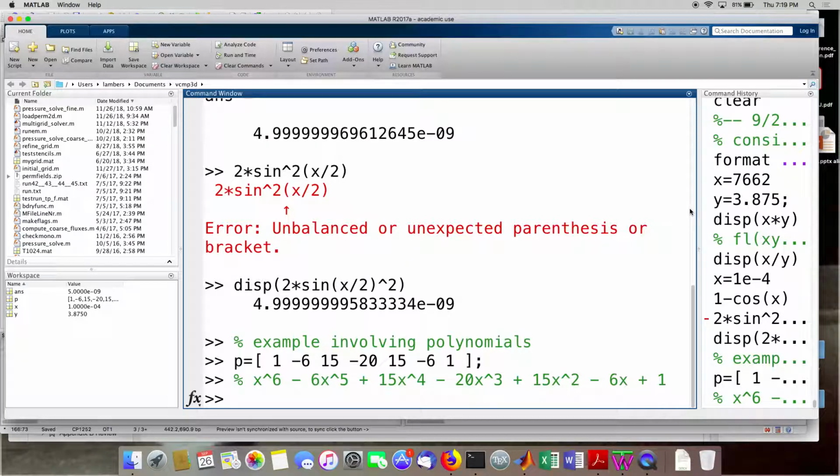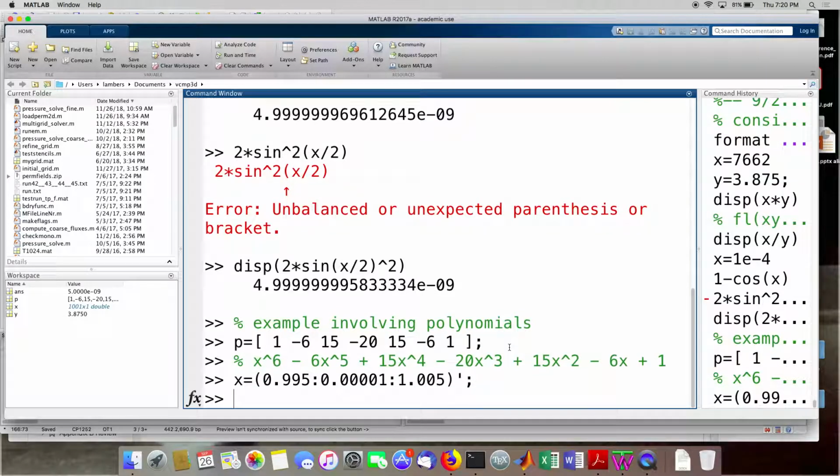Next I'm going to make a vector of x's that are all very close to 1. So 0.995, and we'll have a nice small spacing here, 0.0001, up to 1.005. So I'm going 1 plus or minus 0.005.